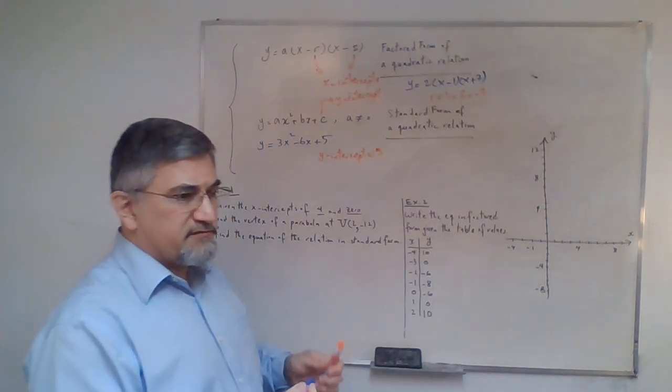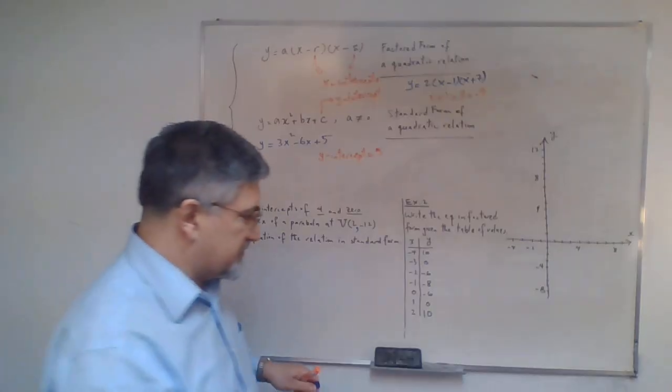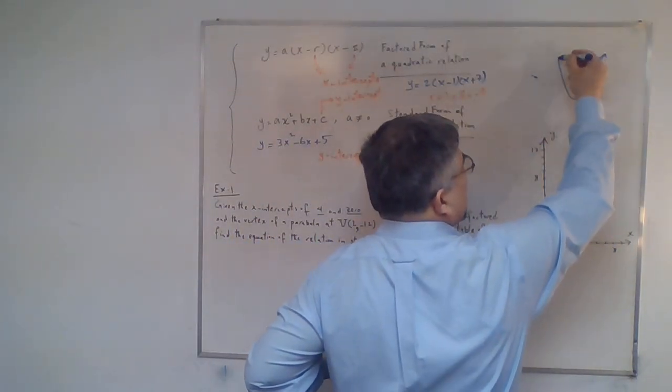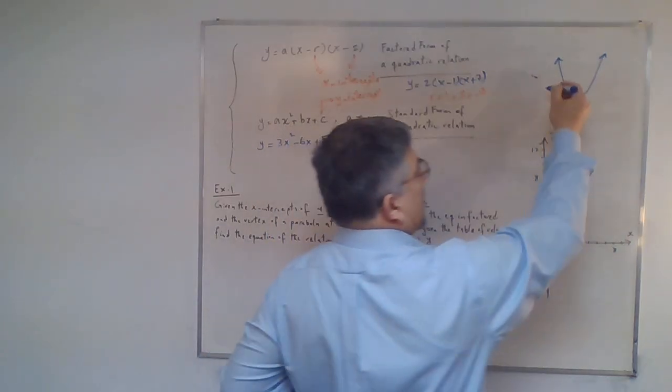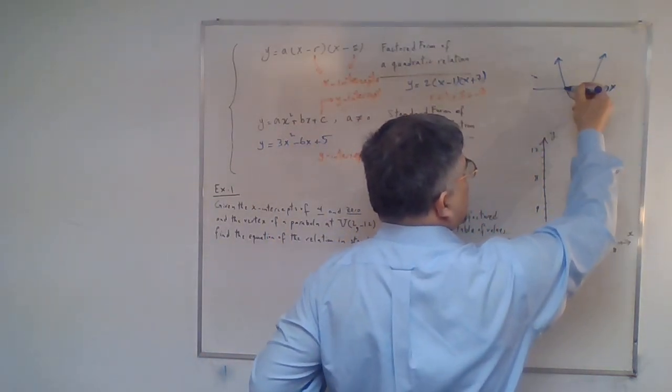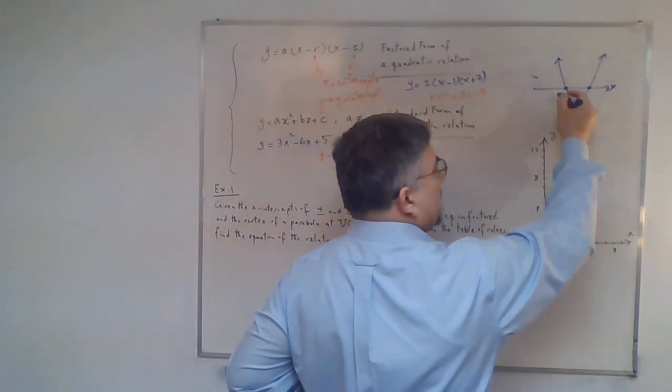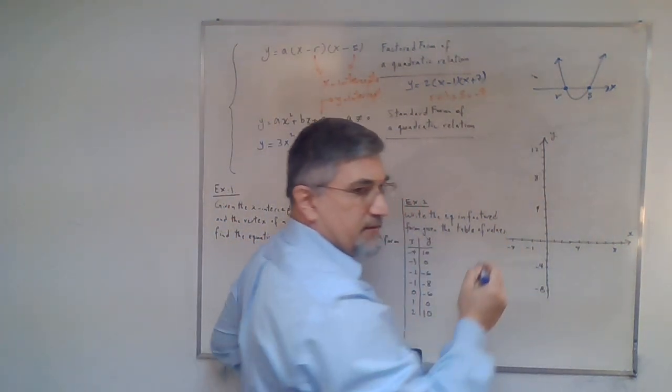Now, you may say, what is the advantage of knowing the x-intercepts? Well, if you think about it, if you have a parabola like this opening upwards, and if this plays the role of the x-axis, and if you have these two x-intercepts, we call them r and s, for example.